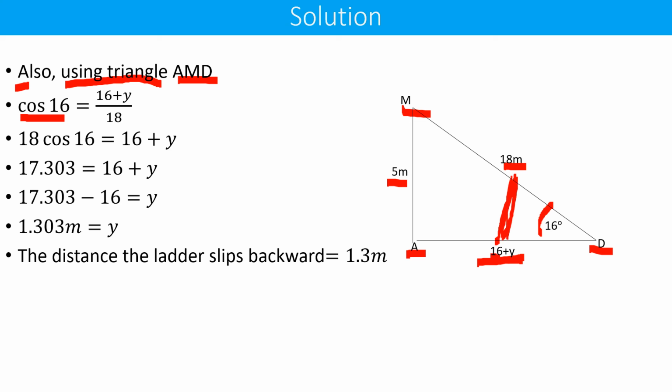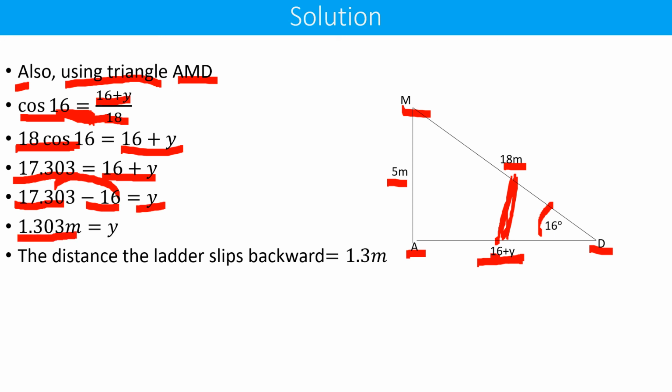So cos 16 is 16 plus y over 18. So you do cross multiplication, this 18 goes and multiplies. 18 cos 16 is 16 plus y. 18 cos 16 is 17.303, equal to 16 plus y. Then the 16 will move to this side to be 17.303 minus 16 will give us the y. So y is equal to 1.303 meters. So the distance the ladder slips backwards is 1.3 meters.